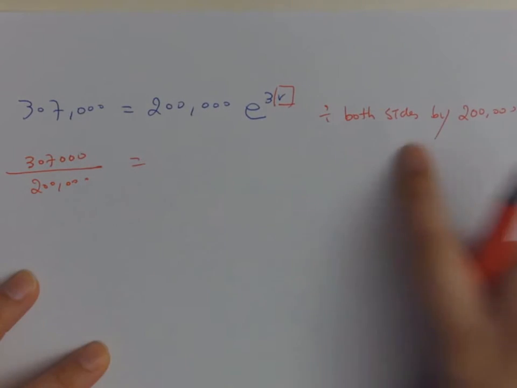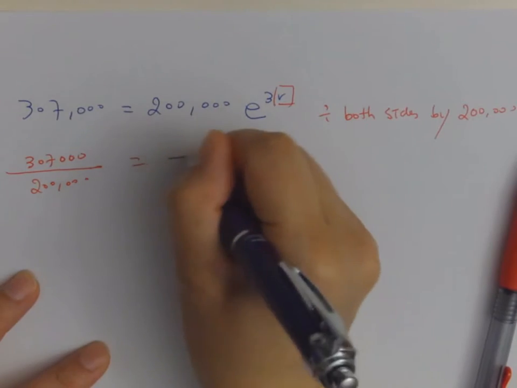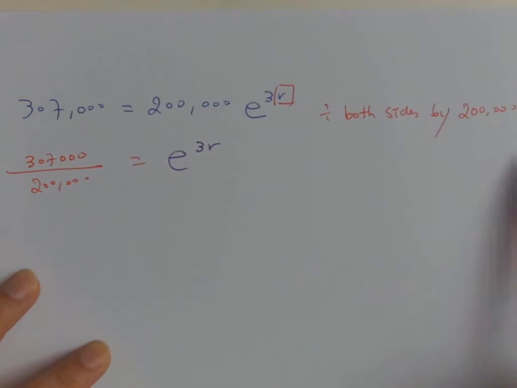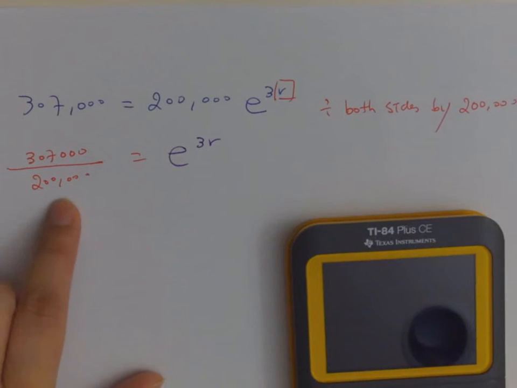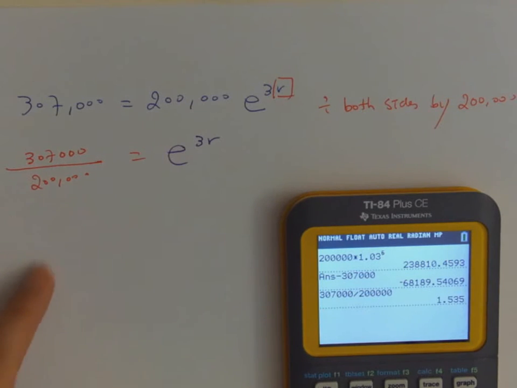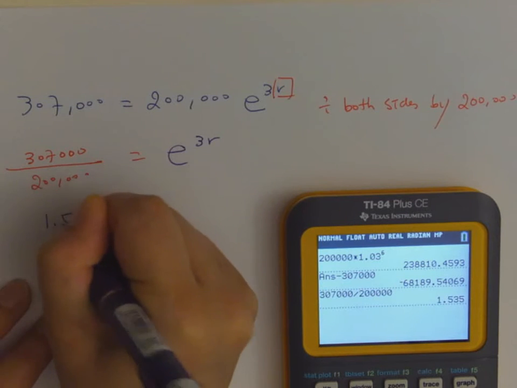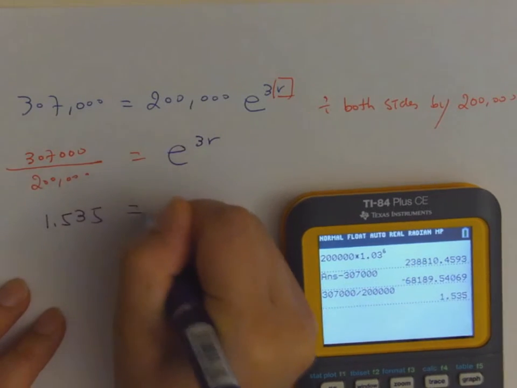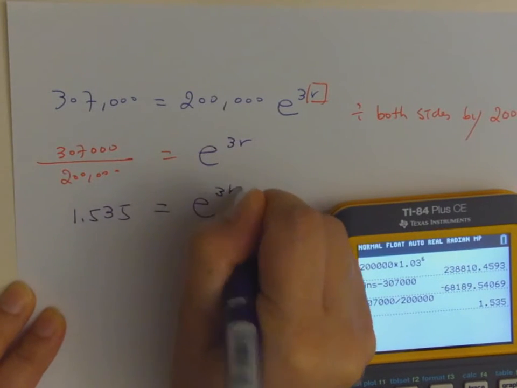This would be 1, right? So this is just e^(3r). Okay, is it going to be a nice number? If it's a nice number, we can go ahead and write that, but if not, we will leave the fraction there because we don't want to round it until the very last step. Okay. It looked like a pretty nice number, so we can go ahead and write 1.535 equal to e^(3r).